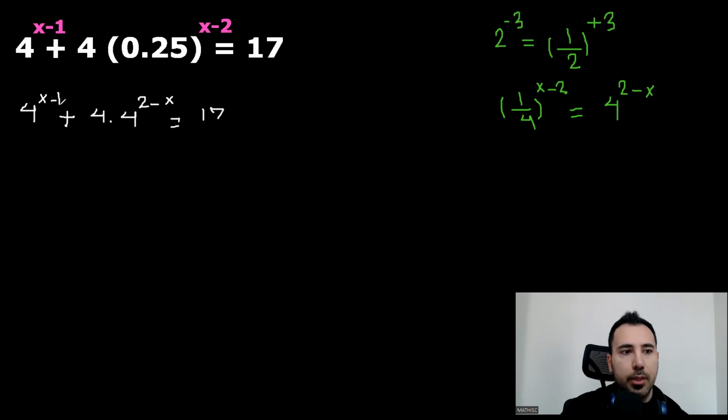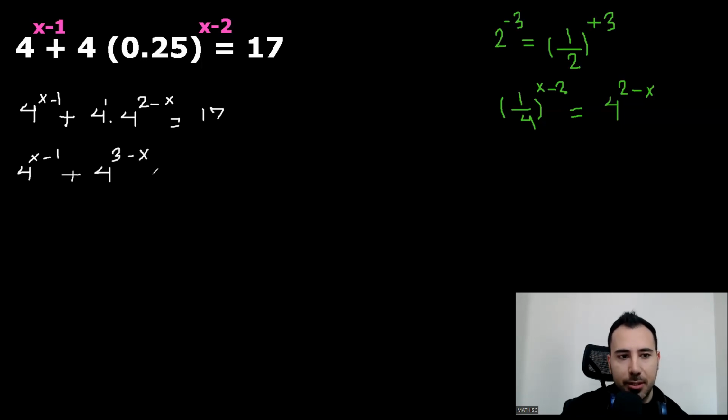And we know that now this is 4 to the power of 1. When we multiply, we add these two powers, we sum them up. So it's going to be 4 to the power of x minus 1 plus 2 minus x, which is 4 to the power of 3 minus x.